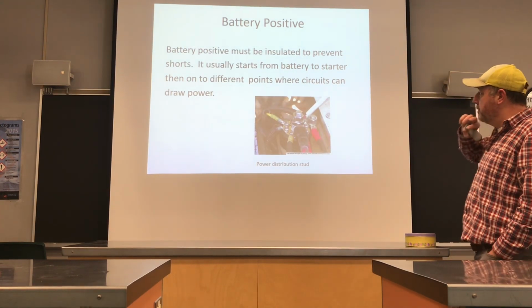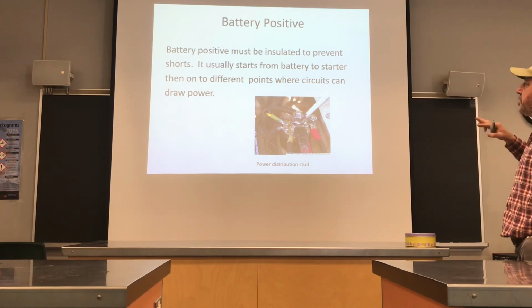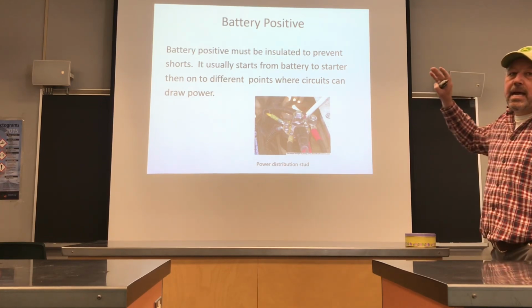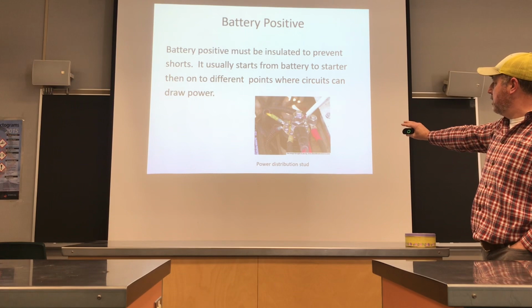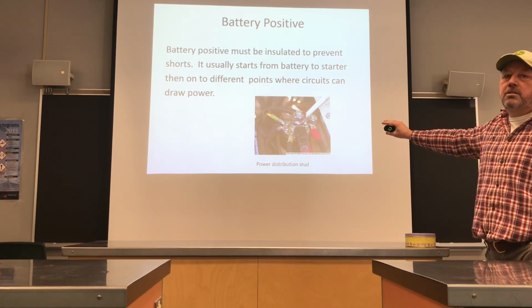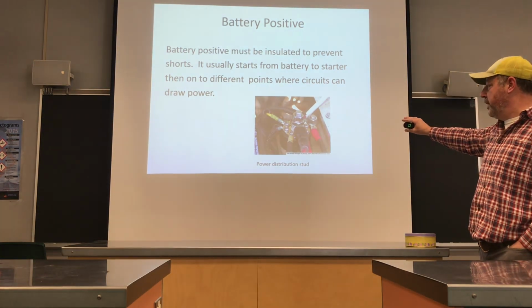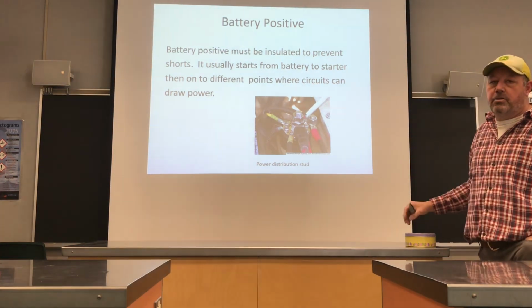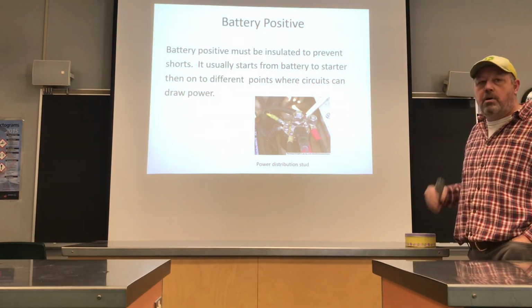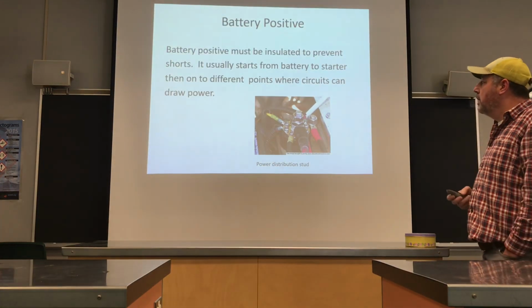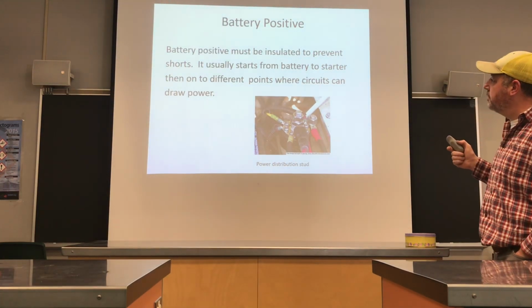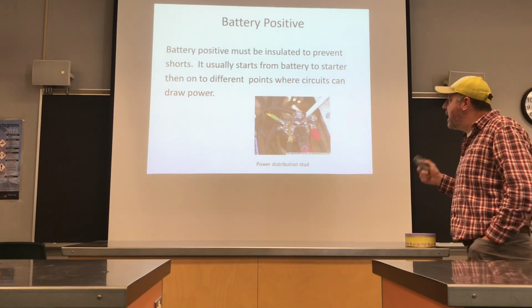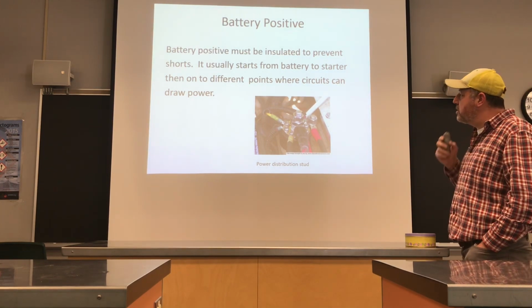Battery positive must always be insulated to prevent shorts. As soon as we can touch the positive to ground, or if something can ground out to the positive cable, it automatically creates a short, which means popping a fuse or a breaker. So the positive cable always has to be insulated to prevent shorts.